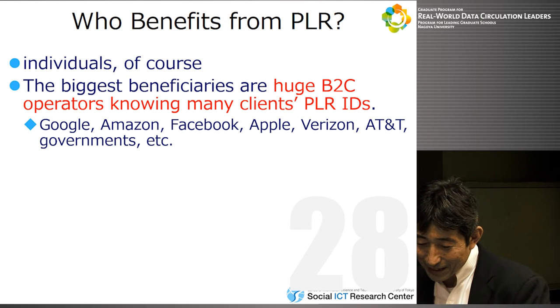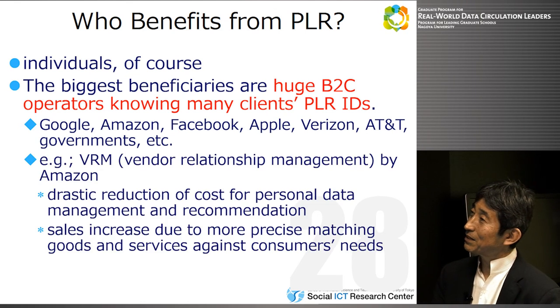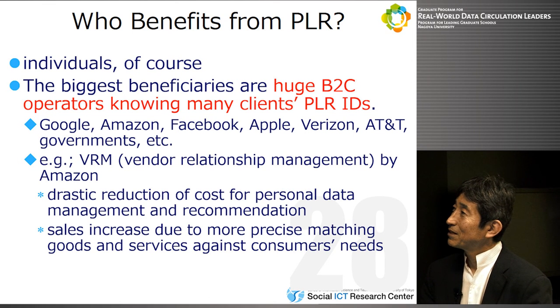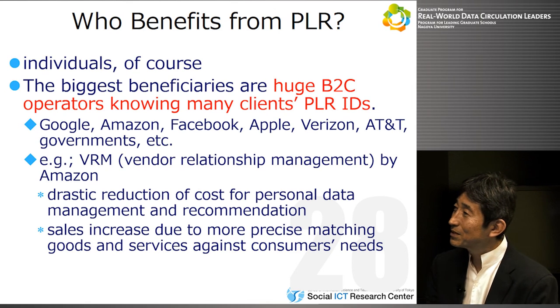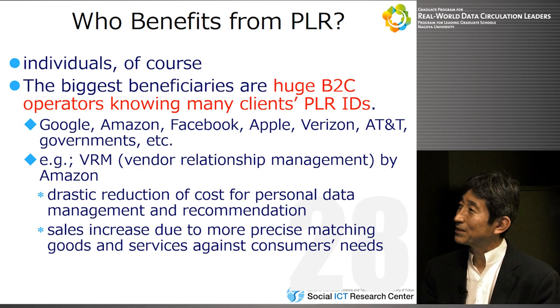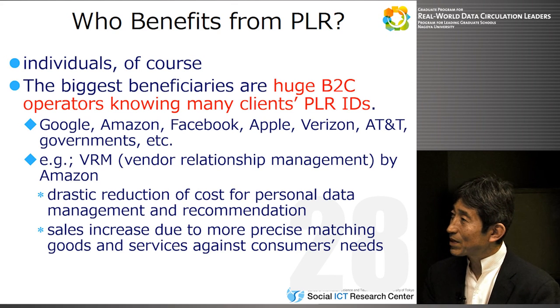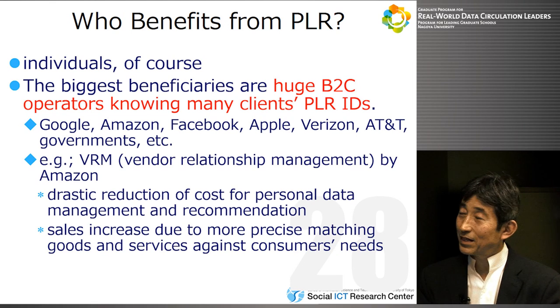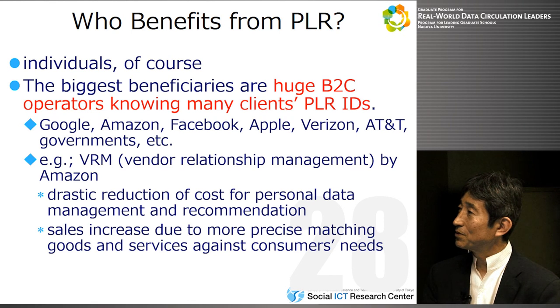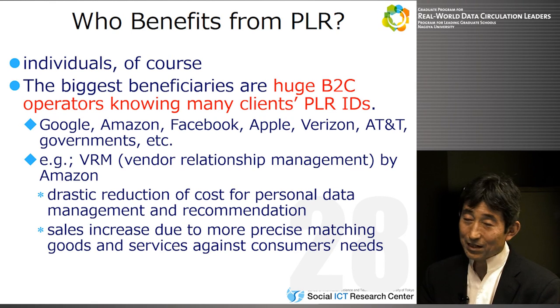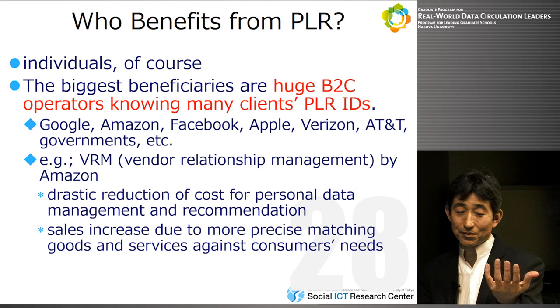And another chance for these vendors would be, for instance, VRM would fit Amazon's business model. And if Amazon does VRM, then drastic reduction of cost for personal data management and recommendation would be possible. And their sales would increase due to more precise matching between their goods and services with their customers.